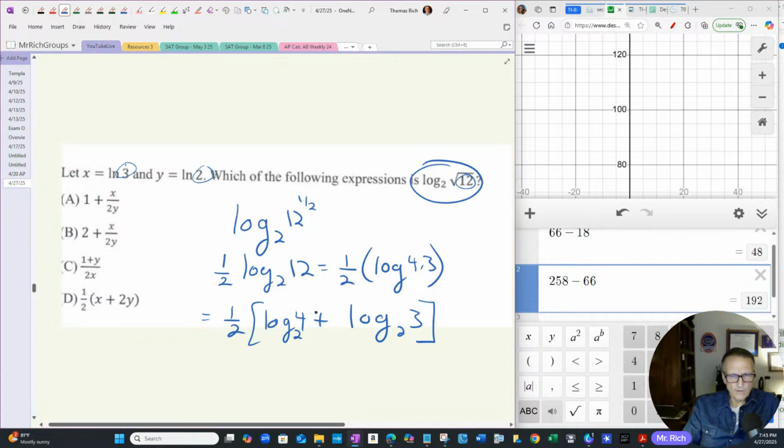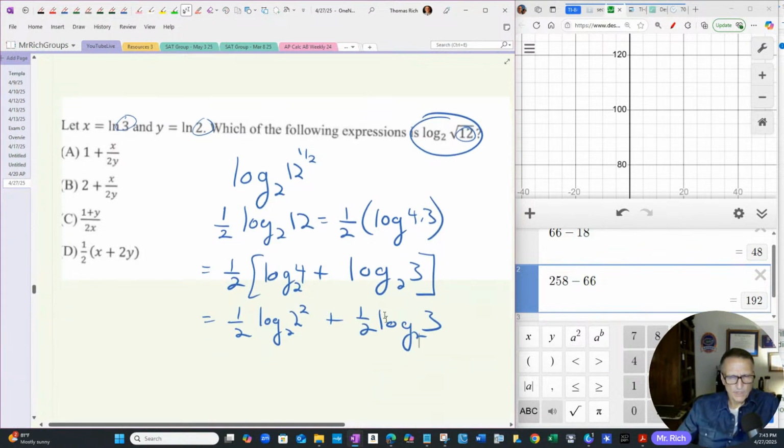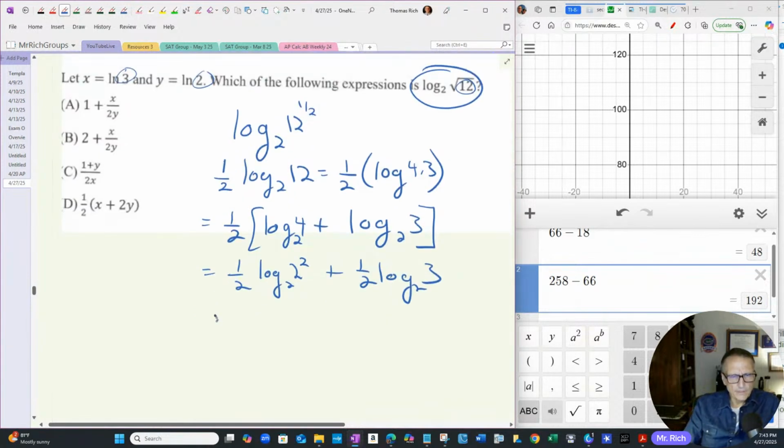Well, what I'm going to do here is go ahead and distribute this, right? This will be 1/2 log base 2 of 2 squared plus 1/2 log base 2 of 3. And bringing that 2 out to the front is going to make that just log base 2 of 2, right?